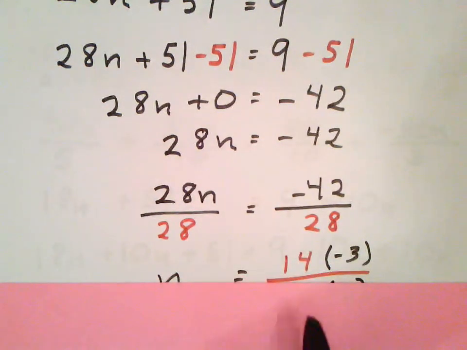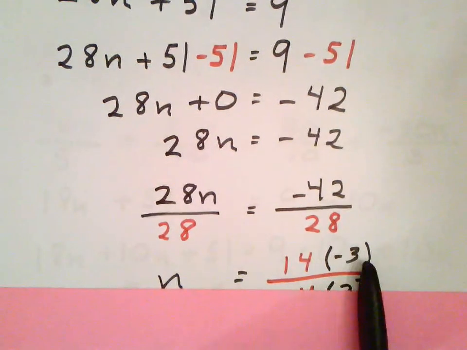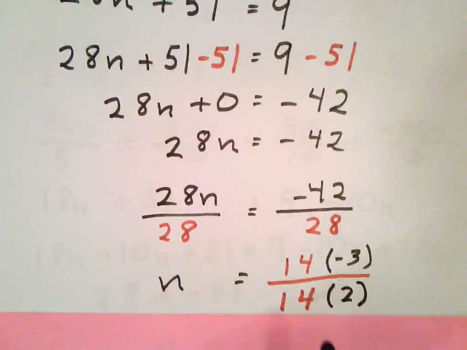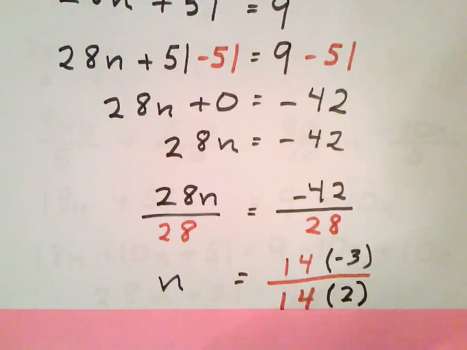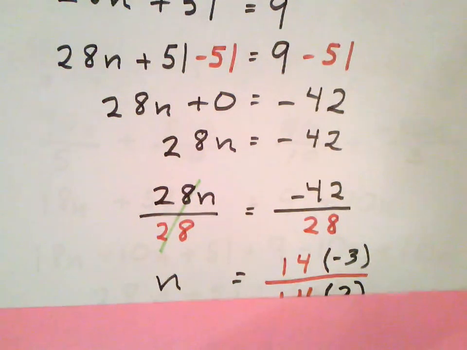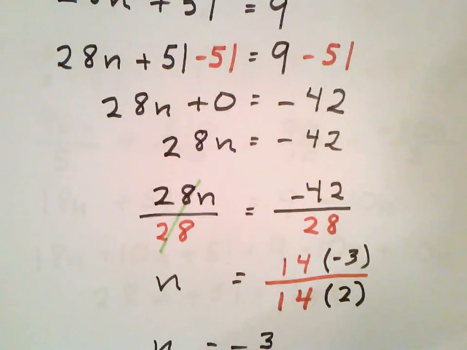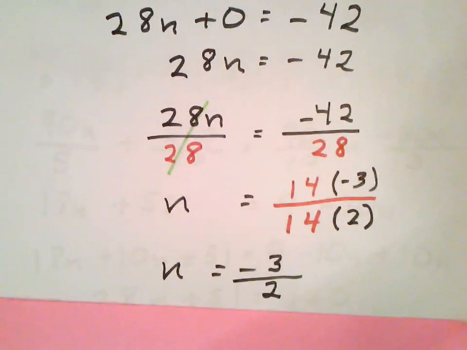But we're going to see if we can reduce this negative 42 over 28. 14 times negative 3 is a negative 42. 14 times 2 is 28. And remember that the 28s cancel out to give us a 1. So n is equal to a negative 3 halves. So we found our answer here. n is equal to a negative 3 halves.